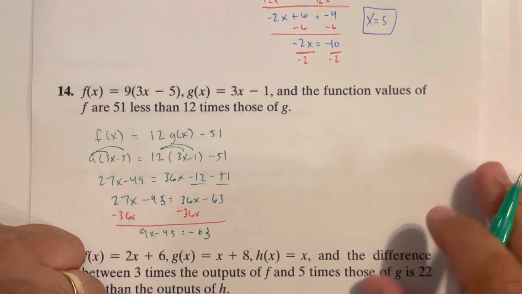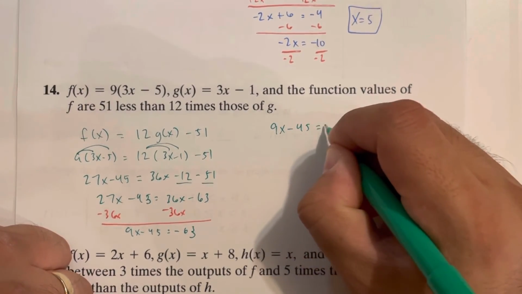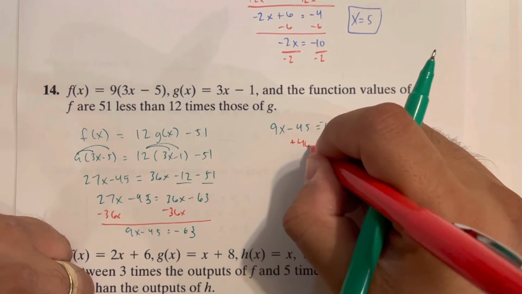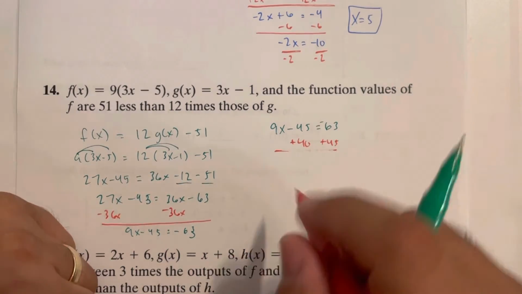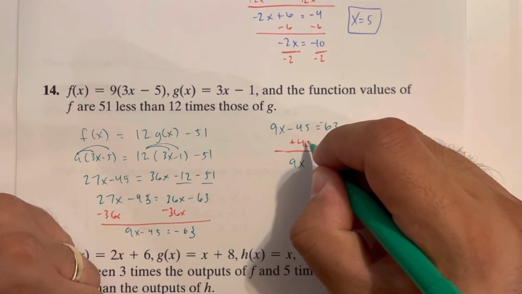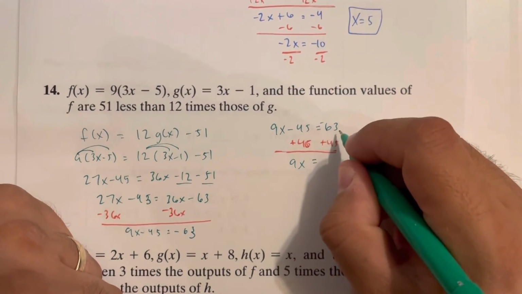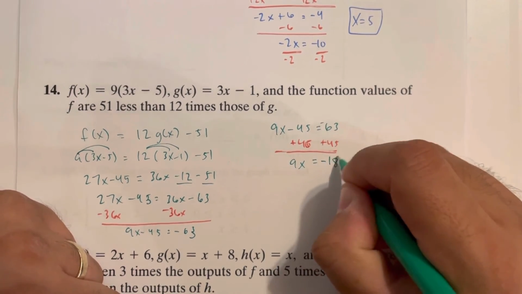I'm going to write that up here so we can see it a little bit better. Alright, we're going to go ahead and add the 45 because we want our constants to the right. So we get 9x, this is a 45, sorry, cancels out, equals negative 63 plus 45, which is negative 18.